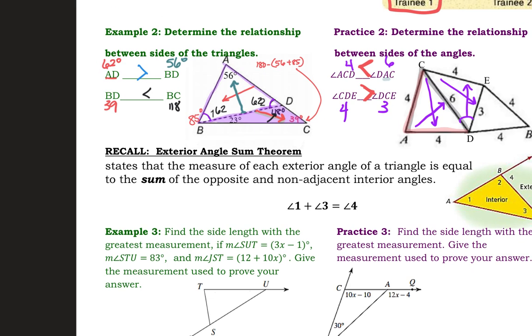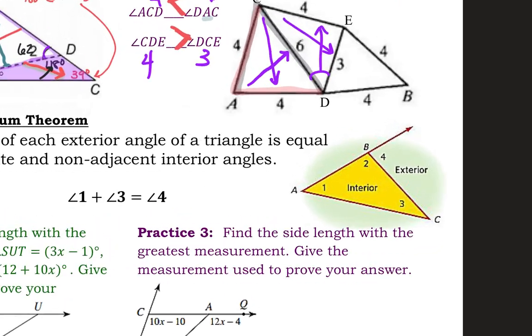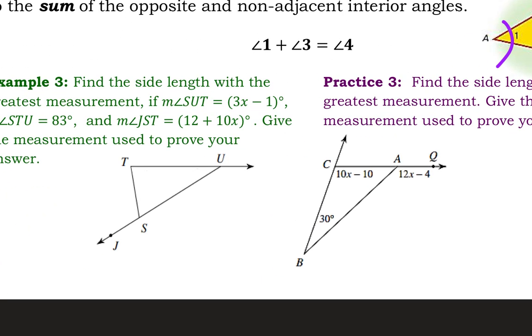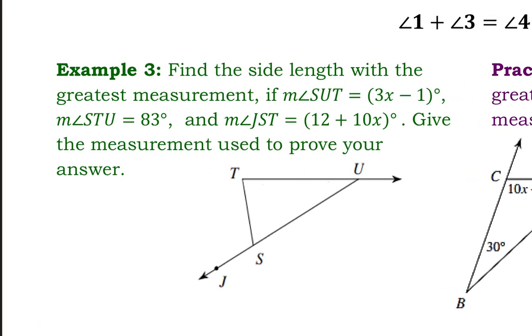All right, to finish up the exterior angle theorem, remember we said that the two non-adjacent angles, 1 and 3, are equal to the exterior angle. And that's what was in our last chapter. So this one says, find the side length with the greatest measurement if SUT is 3x minus 1, STU is 83, and JST is 12 plus 10x. So I'm going to write everything where it should go.